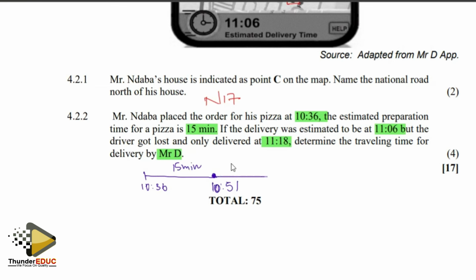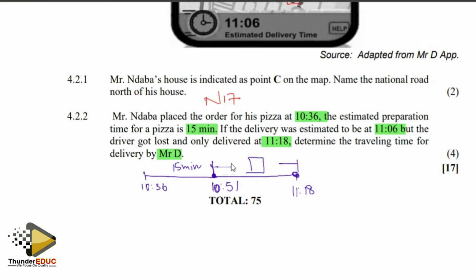Then it arrived at 11:18. So how much time was in between here? This is what we are looking for. This is the time that's missing.